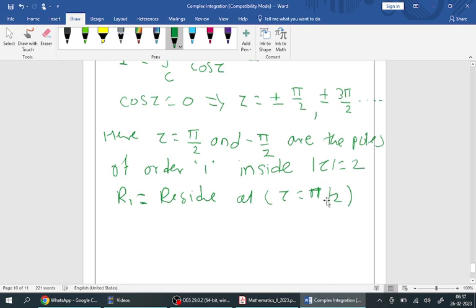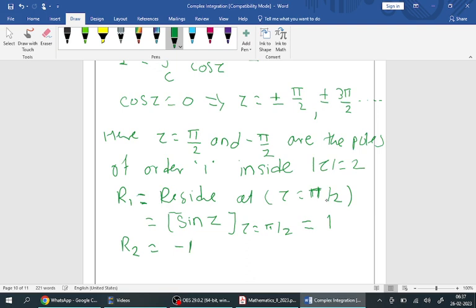These are simple poles, so it is just the remaining term. The cos z is creating the problem, it is actually giving the poles there. So we are left with only sine z, sine z at z equal to pi by 2, that is 1. Similarly, you can get r2. R2 is the residue at z equal to minus pi by 2. So sine of minus pi by 2 we get as minus 1.